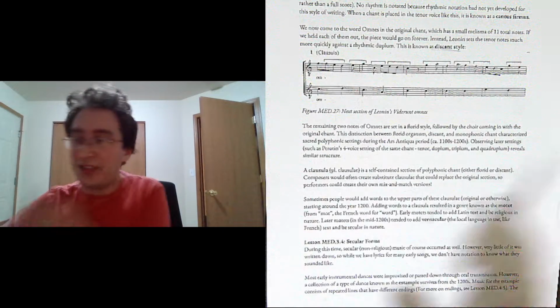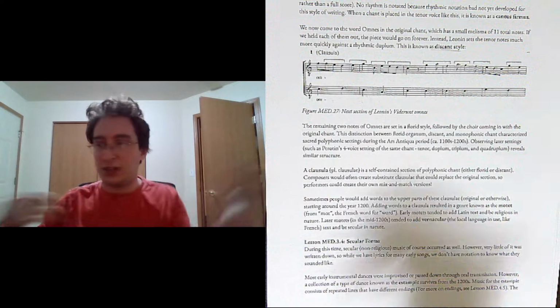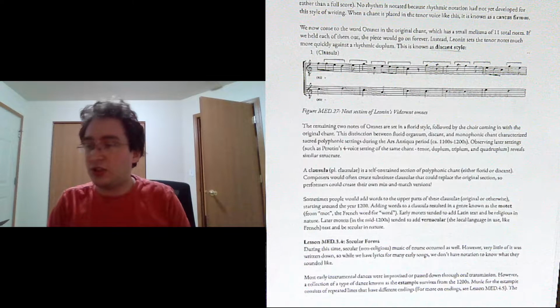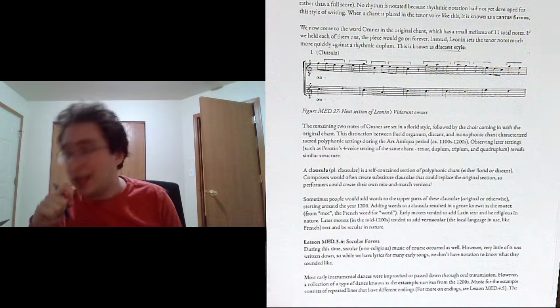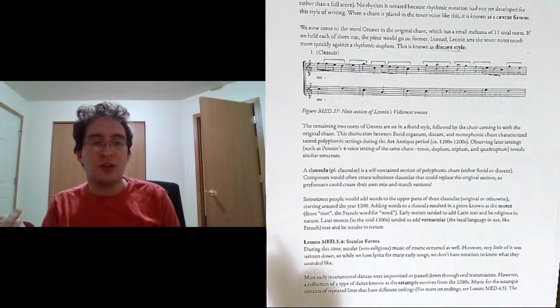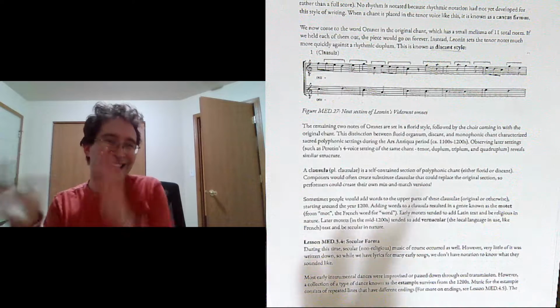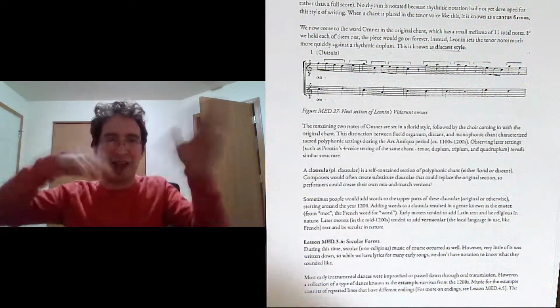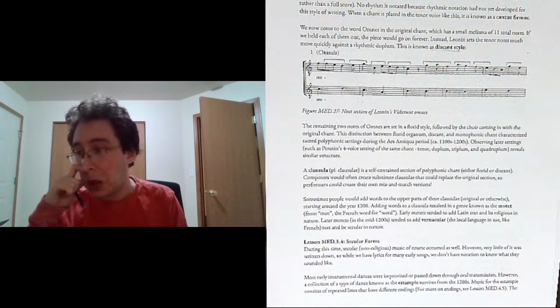So each of these sections of either florid or discant is known as a clausula, plural clausulae, which is just a self-contained section of chant, and composers would often create substitute clausulae as well and include them in the same manuscript. So it's like, you don't like this section? Well, here are some other options, and you can kind of just mix and match, do what you want there.